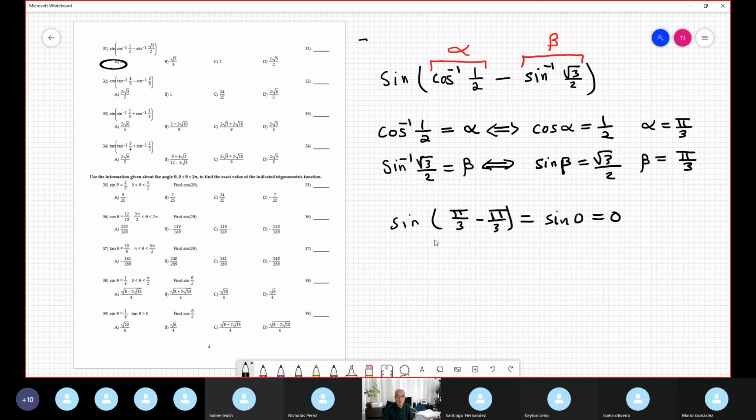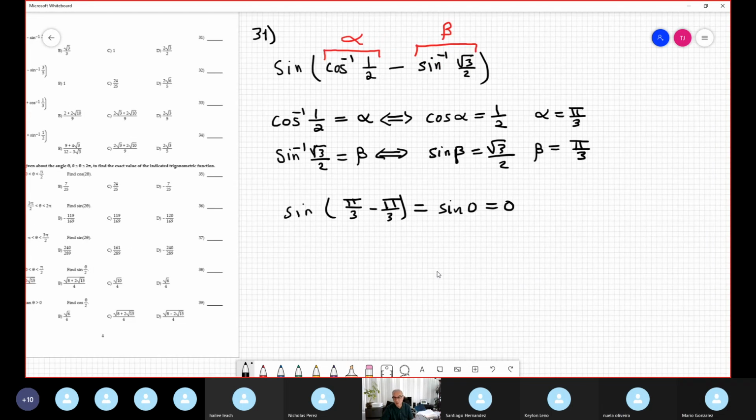Professor, do we need to always put the answer in radians, right? Not necessarily. I don't know mechanically doing this, but no: 60 degrees, 60 degrees, 60 degrees, 0 degrees, no radian, 0 is the answer.